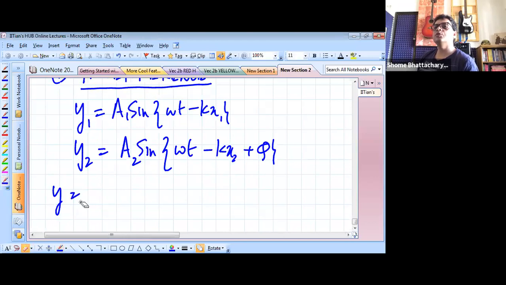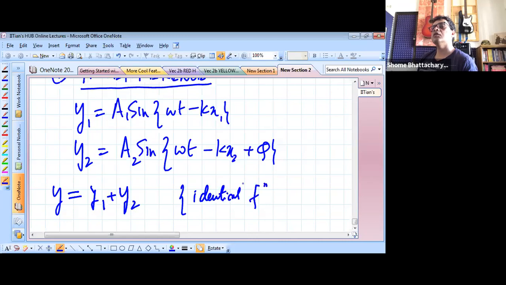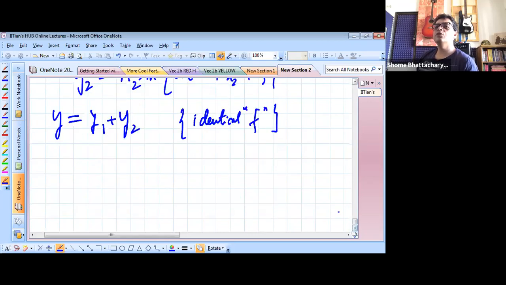So interference is the superposition of two or more waves which are traveling in the same direction and have the same frequency. So in this case, we are taking two wave interference, okay? But the necessary condition is they are of identical frequencies or identical omega. Okay.